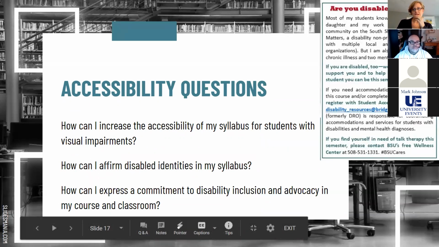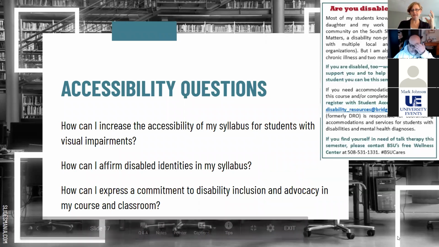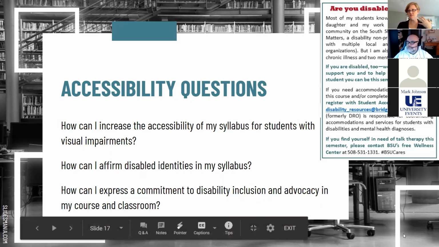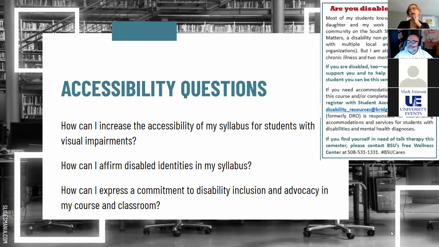This is an area that I'm still working on. One of the problems I've realized with using PowerPoint and making this very nice visual looking syllabus is that because it's more image based, it can be hard for a text to speech reader to read it. So that's something that I definitely need to think about, and Jenna Shales is on this call, so I'll be reaching out to her about that.